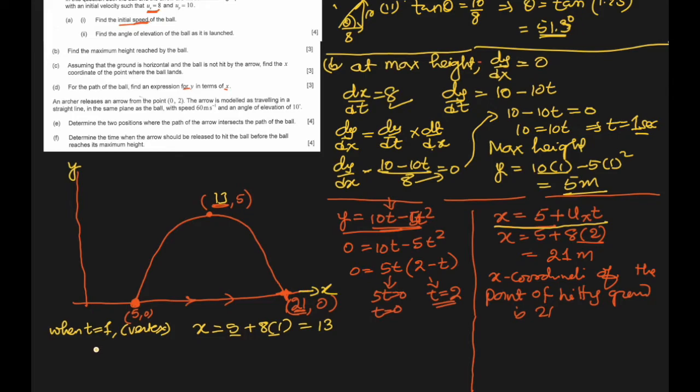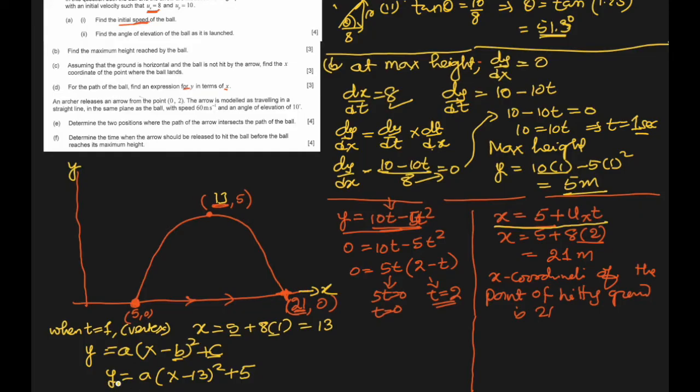So the formula for vertex form is y equal to a(x minus b) square plus c, where b and c are the coordinates of the vertex, and this is what we can write here. y equal to a(x minus 13) square plus c is 5.